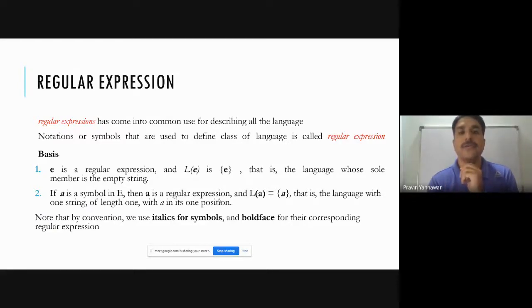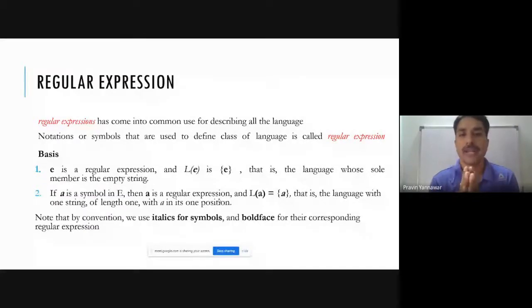We are communicating with a computer system through a language. Using a high level language, we are communicating with a computer, and you submit the code to the compiler, and the compiler translates it into machine code so that the machine can understand it. So this regular expression has come into use for describing all languages.